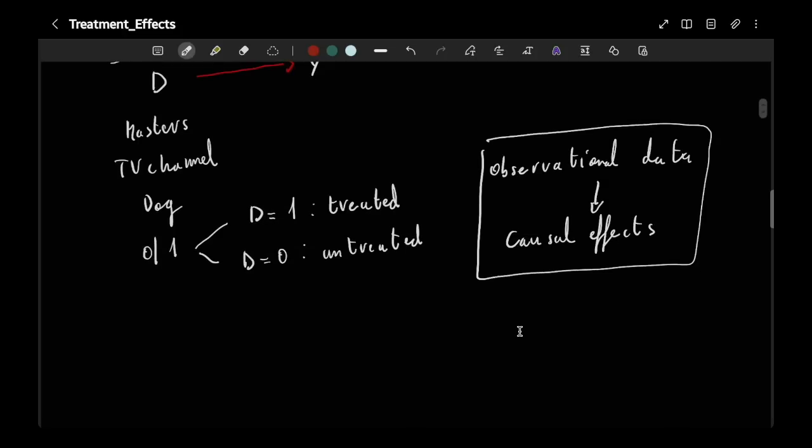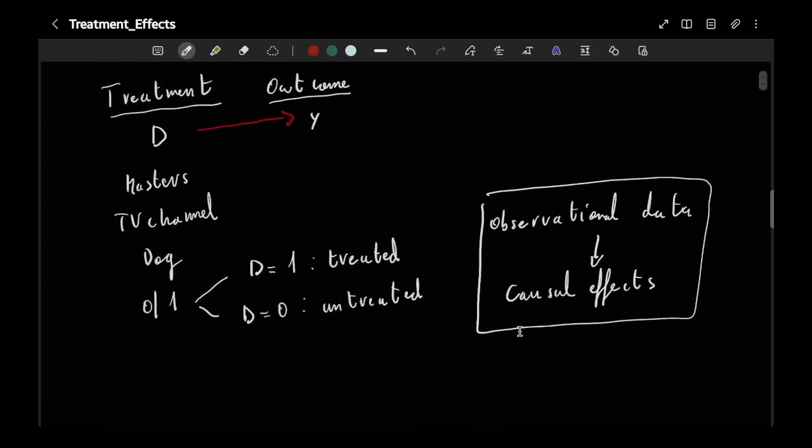So, what's the fundamental problem of causal inference? I've just said that in causal inference, what we want to know is the effect of a treatment D on an outcome Y, and we are going to use observational data in order to learn about that causal effect.